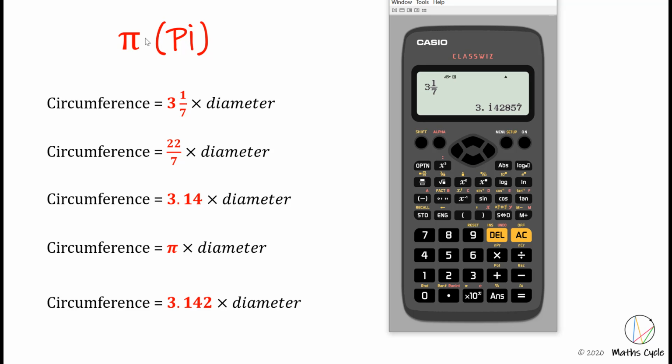Now, this symbol is also on your calculator. So do you see it down here? You see the middle button on the last row. Do you see behind it in yellow you have the little pi symbol there? So if you press shift and this button, what it brings up is the absolute most accurate version of the number that you can use.